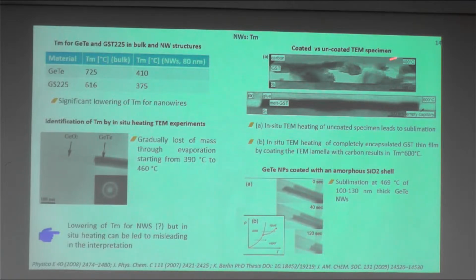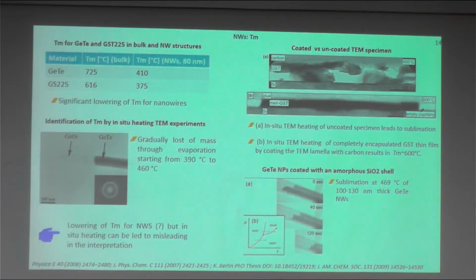This image shows you uncoated nanowires heated to 400 degrees C, like in this one compared to this. Here you have the melting. Here you have also some melting information of holes and mass loss in the nanowire.